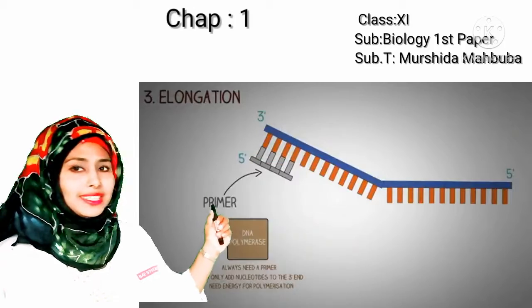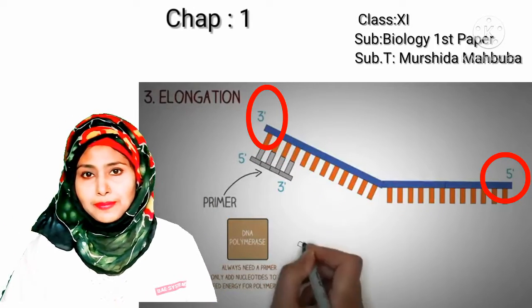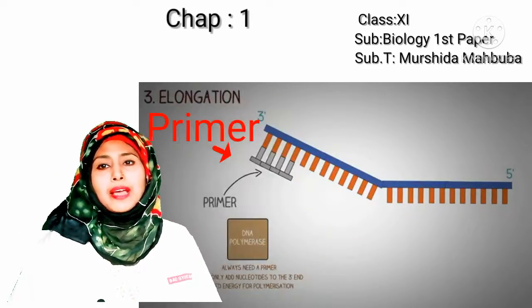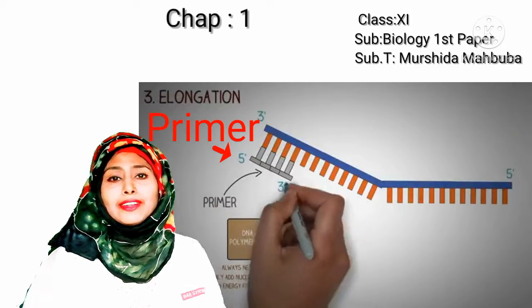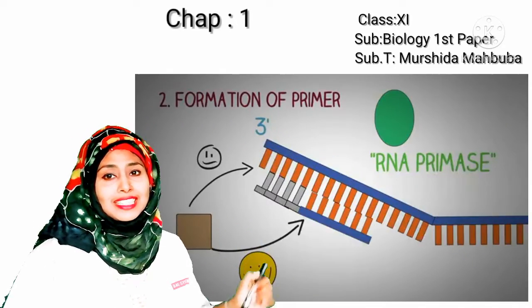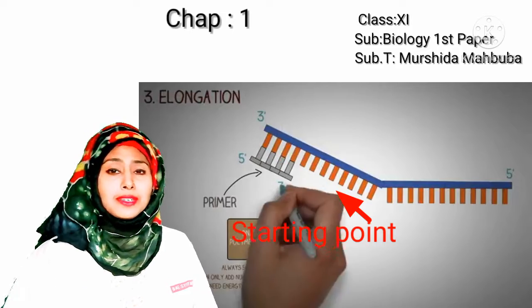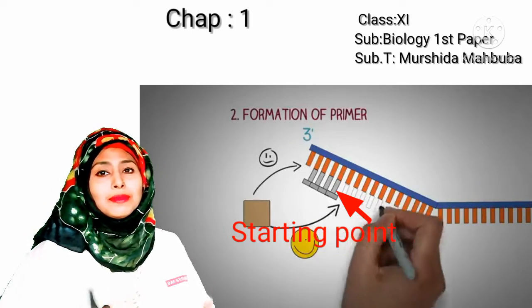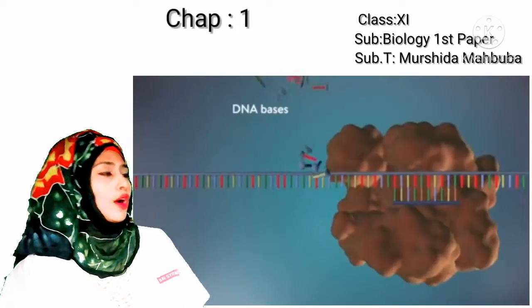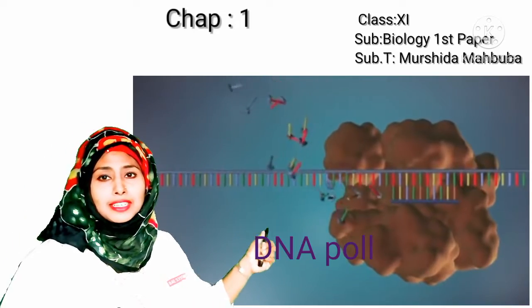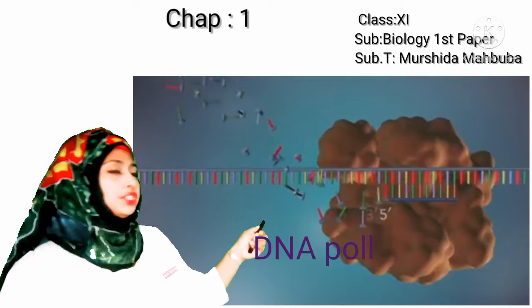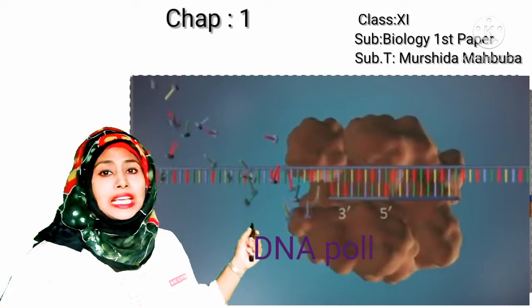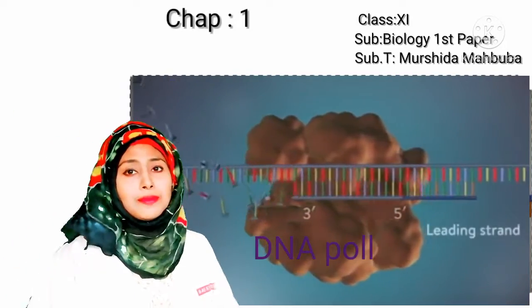One of the strands is oriented in the 3' to 5' direction, and RNA primer binds at the end of this strand and acts as the starting point of DNA synthesis. Then DNA polymerase adds new complementary nucleotide bases continuously to this strand in the 5' to 3' direction.